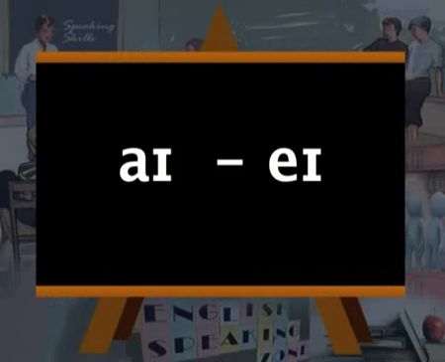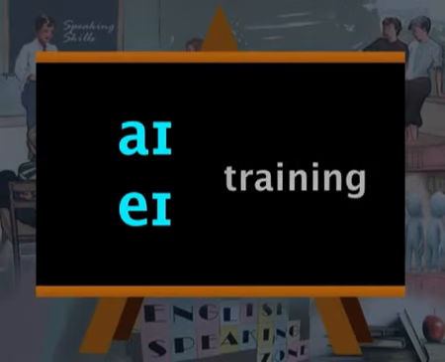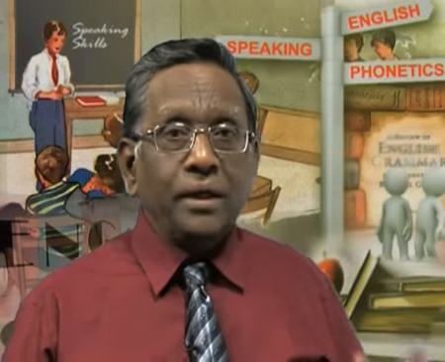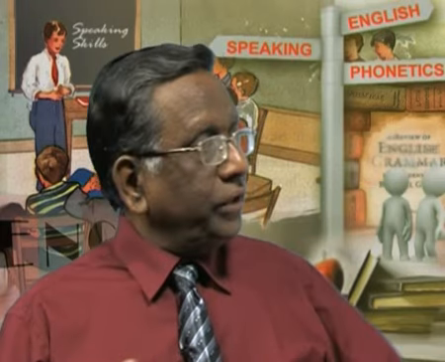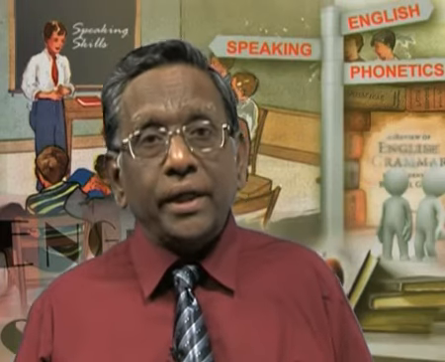In English, if you say this instead of this, the meaning changes. And that's why these speakers, in a word like child with I, realize it as "chaild", and in a word like training with this vowel A, they realize it as "triining". So they interchange them freely, but we should know when to use what. And we should know that these two are meaning-changing sounds in English.